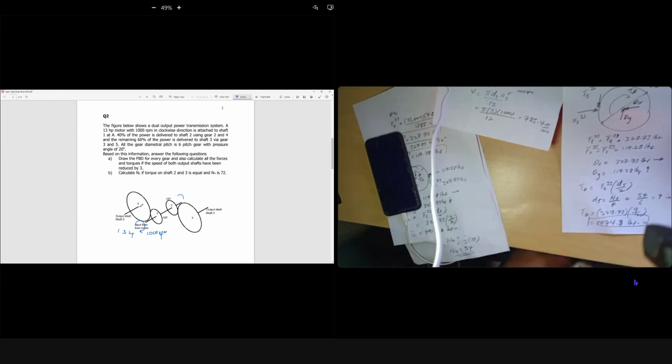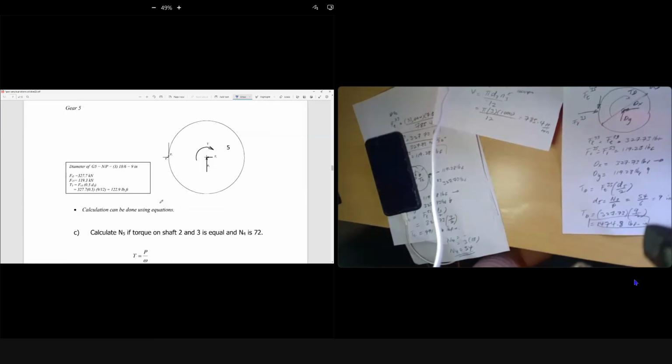Because I see the answer is using P equal to T omega and then T2 equal to T3. But I don't understand how he is using the number of teeth over there, the omega one, the 18 over 72 and the 18 over N5.